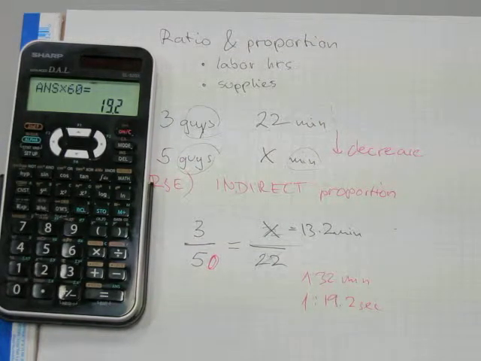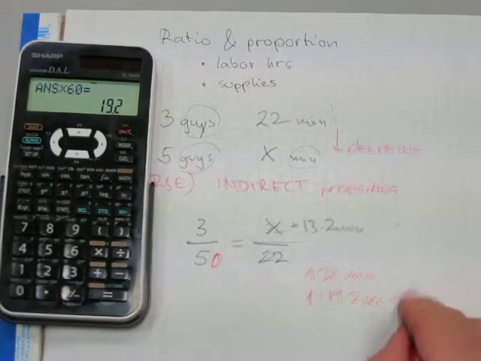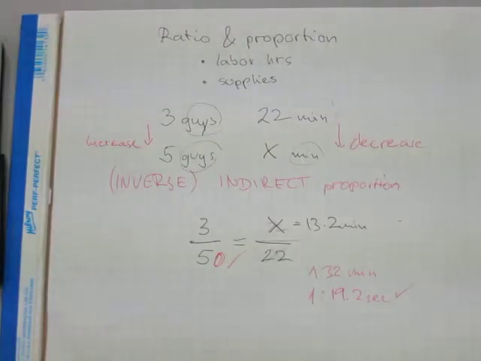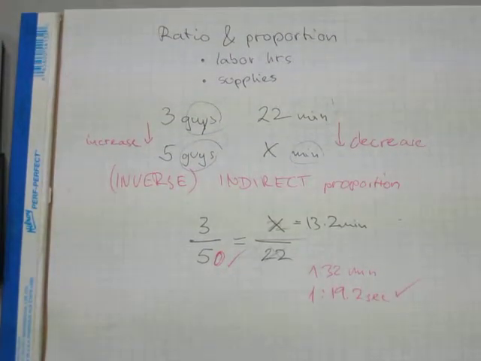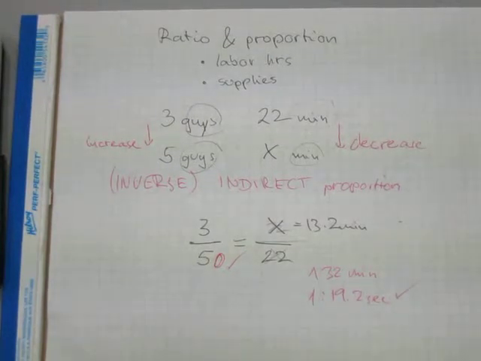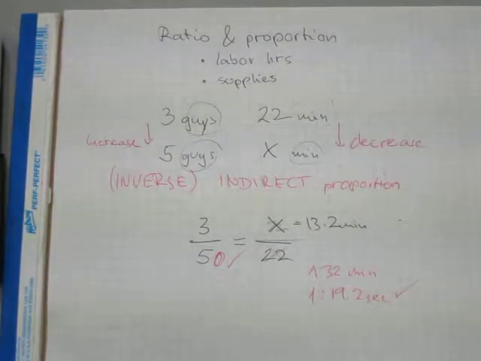So although mathematically this is correct, and this is the answer if we have 50 people on the task, it's just not possible to fit 50 people around the excavator, all laying pipe and setting grade and backfilling and such. So that's a reality check on the application of mathematics.